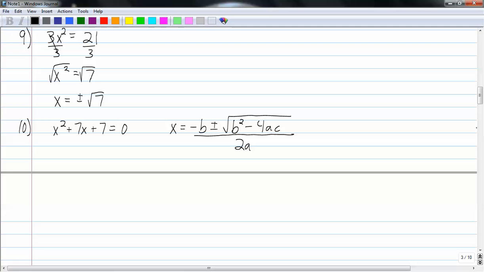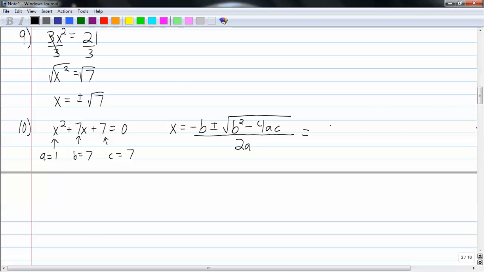Alright, and so where do these a's, b's, and c's come from? A is the coefficient of the x squared term, so a equals 1. B is the coefficient of the x term, so b equals 7. And c is the constant, so c equals 7. Alright, so what I'm going to do now is just plug those numbers into my formula.